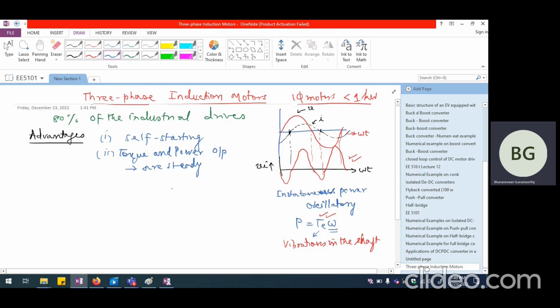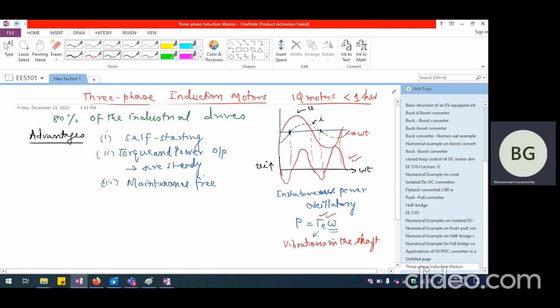In fact, this brilliant discovery was made by Tesla that if you use three-phase, you are going to have normally the power and torque to be a steady value. So this brilliant discovery was made by Tesla, and that is the reason why three-phase motors have come into existence and they have been working for several years now. Another thing is the three-phase motors generally are going to be maintenance free, especially the squirrel cage induction motor, what we are going to talk about eventually.